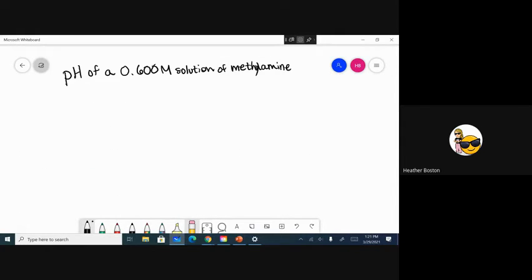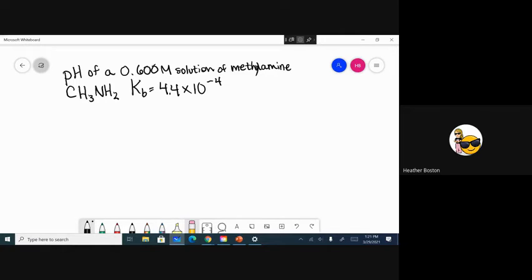So methylamine is CH3NH2, and Kb is 4.4 times 10 to the minus 4. This might be a little tougher to decide whether it's an acid or a base.